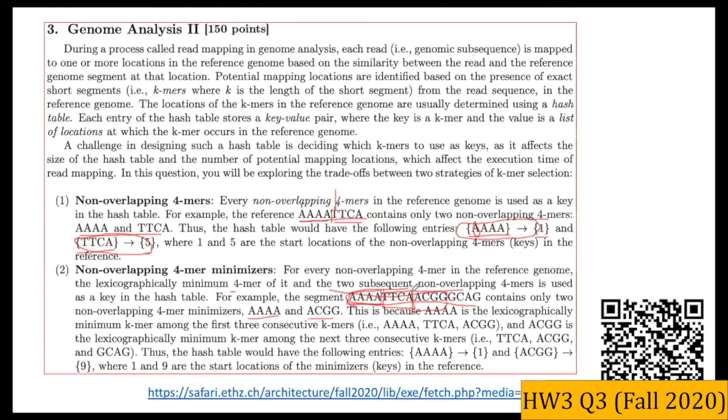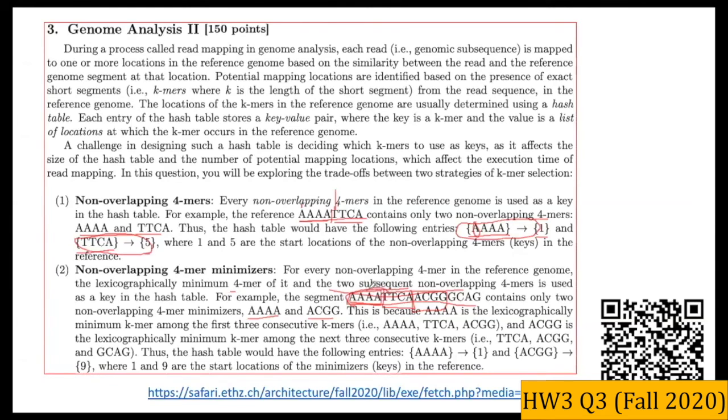Now in minimizers, we need to sort them, and then we pick only the lexicographically minimum out of these 3 seeds. What is the lexicographically minimum? When we compare the first to the second, the first one is minimum.